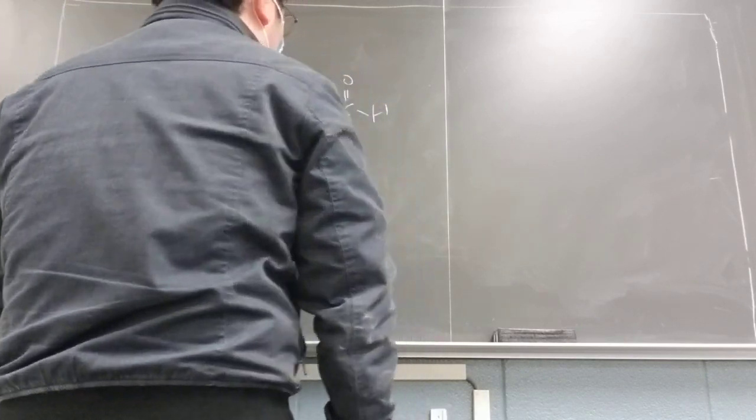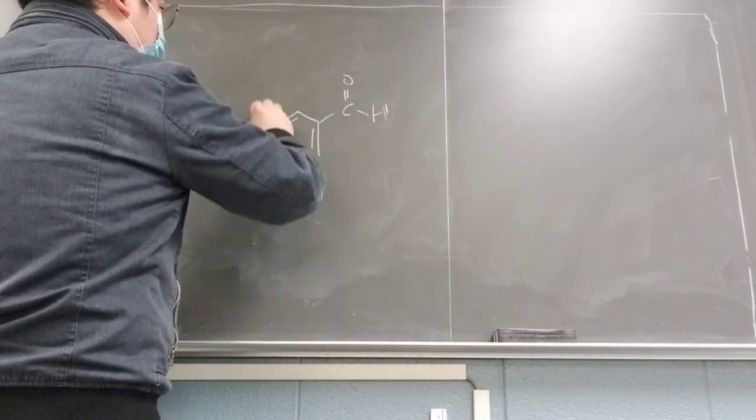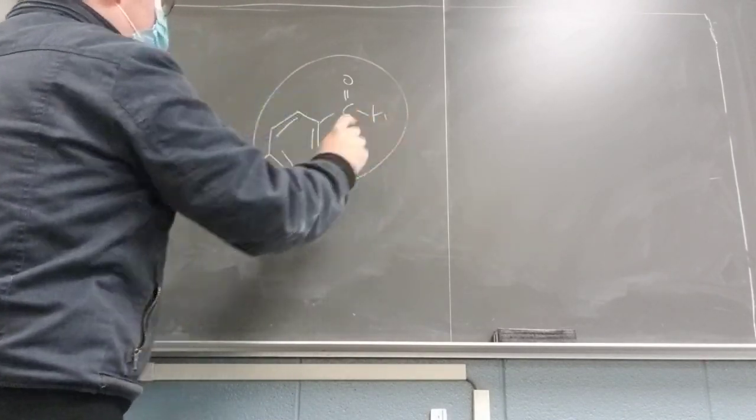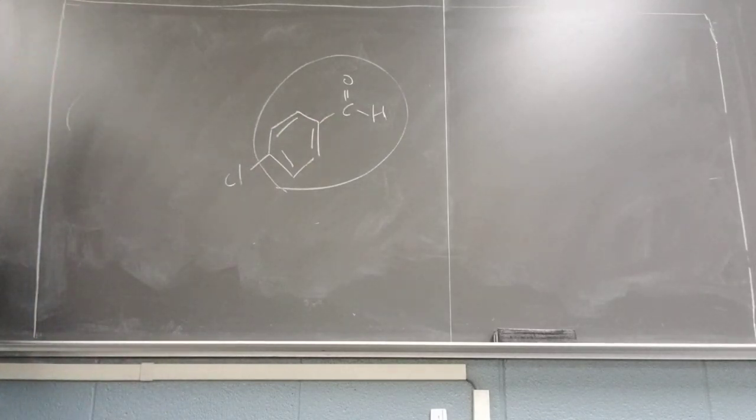Okay, this one. And your base is right here. It's the aldehyde group attached to your benzene ring. And this is the one that we talked about, the first compound in the text.